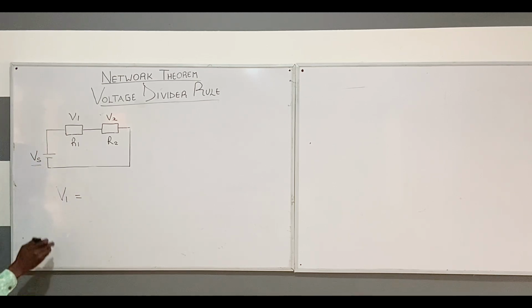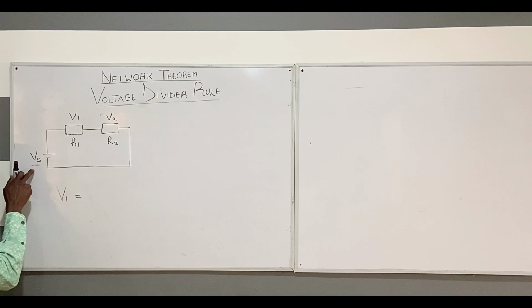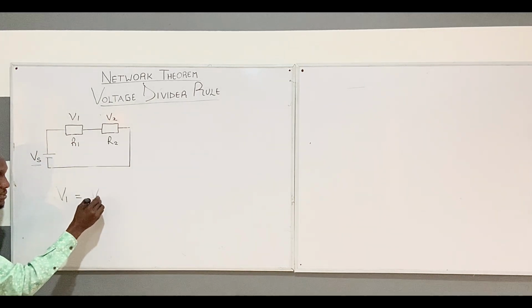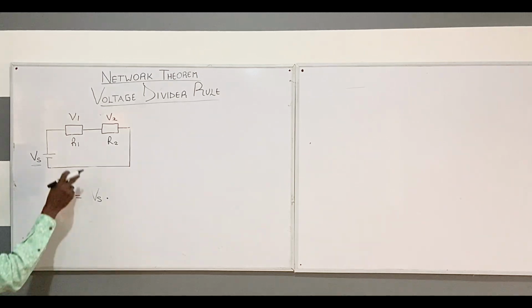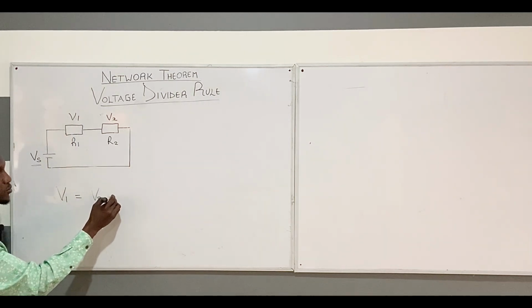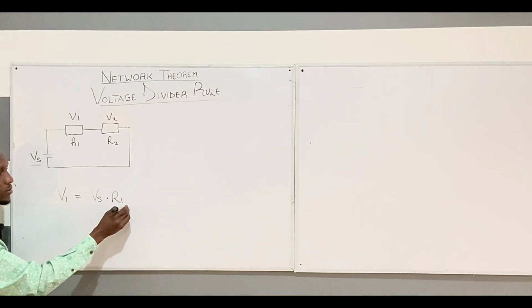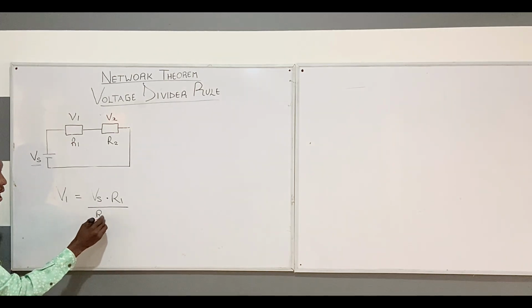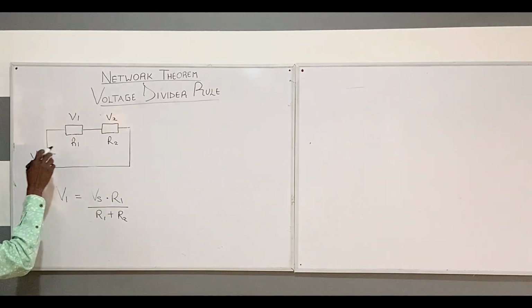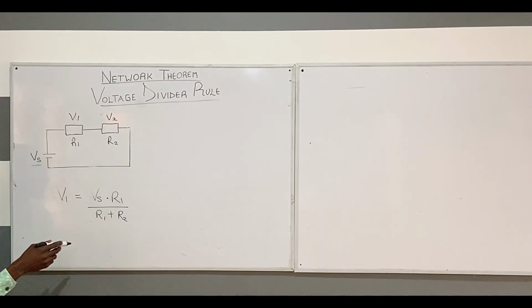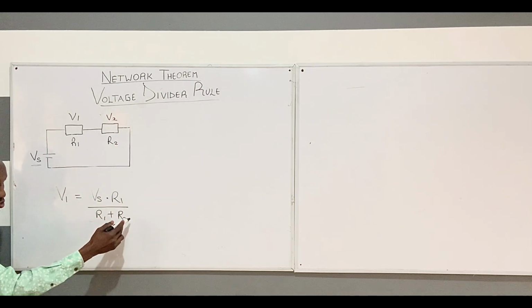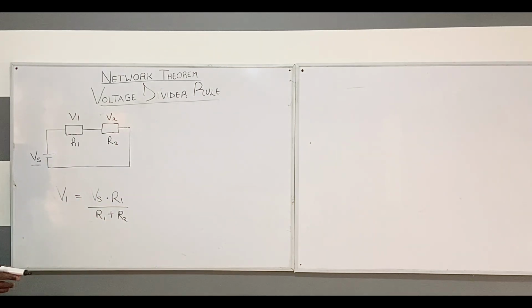So you first write your source voltage, Vs, and then use it to multiply the same resistive value V1 is passing through, so that is R1. Now divide this result by R1 plus R2. If we have another resistive value here, which is R3, you will add that to the denominator.